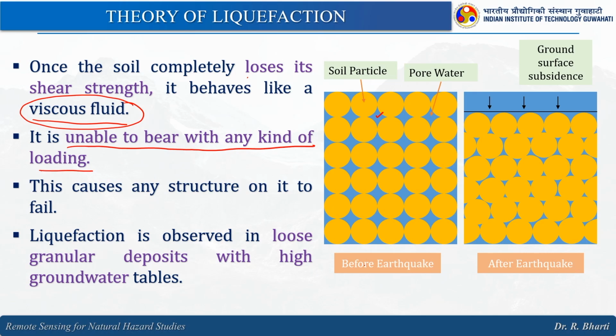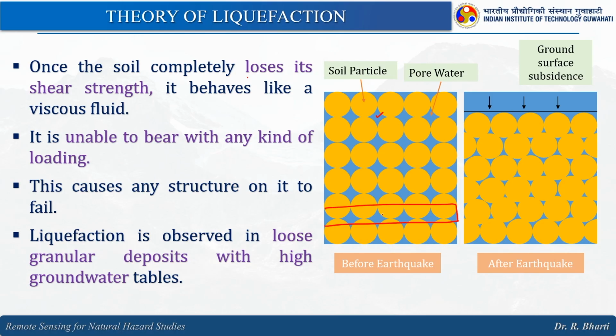Let us assume a condition where there is a soil column which is oversaturated, and it is behaving like a fluid because it does not have any shear strength, and you have a building on top of it. So, what will happen? This will sink or get tilted, because this particular column is not able to support this foundation.